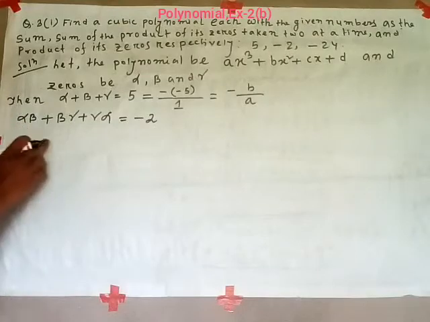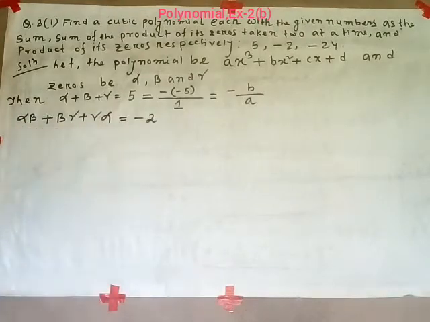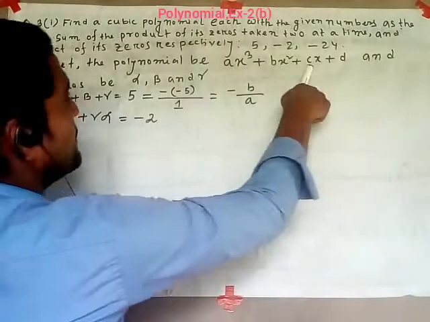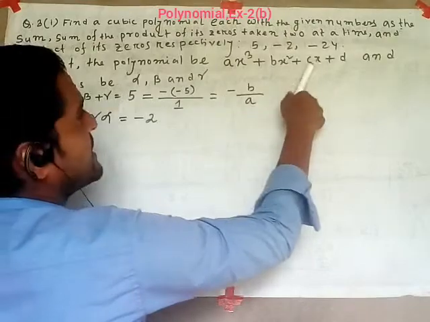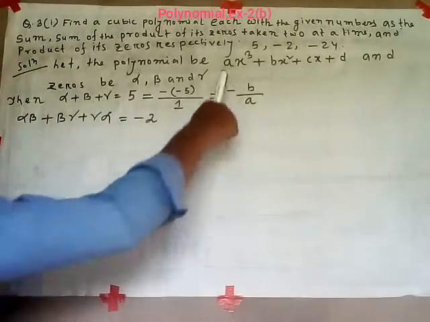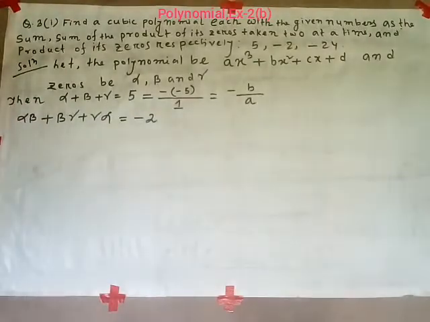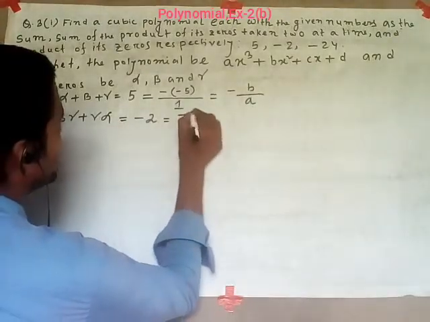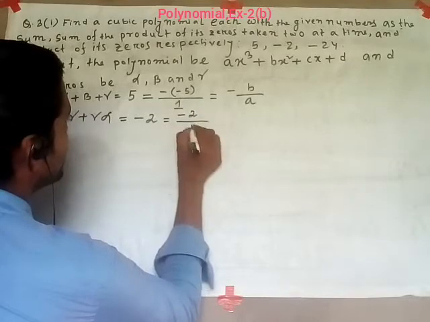Now alpha beta plus beta gamma plus gamma alpha equal to, what is the formula? The formula is c by a. c means the coefficient of x, a means the coefficient of x cube. So minus 2 equal to, what can we write? Minus 2 divided by 1.